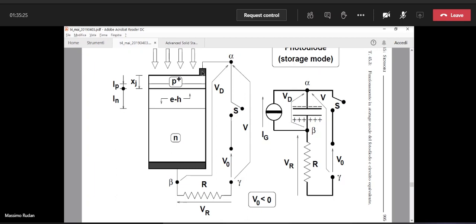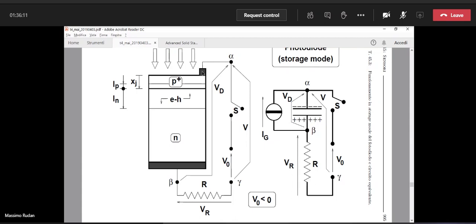So in order to avoid this, the lower edge of the space charge region, the one that is indicated by the arrow Ln on the left, must be very low in the device so that the large majority of photons is absorbed in the space charge region.